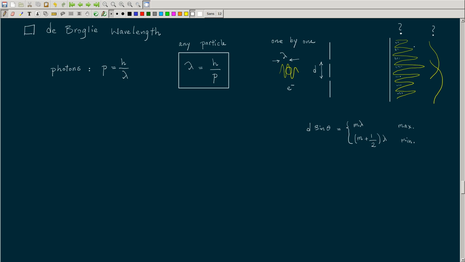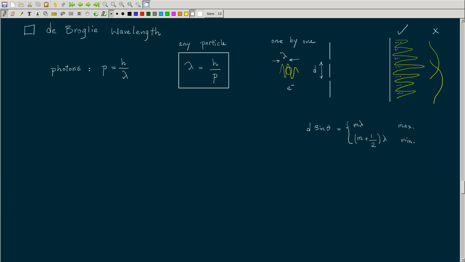Or do you see an interference phenomenon, which is something that happens for waves? Well, they did the experiment and yes, you see the interference pattern, and this means that electrons are actually waves. They see both slits at the same time, which was puzzling at the time.